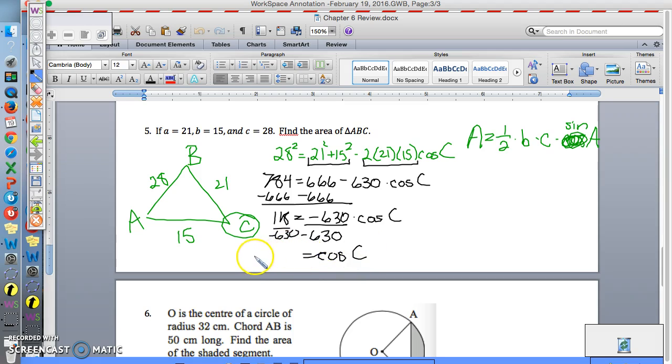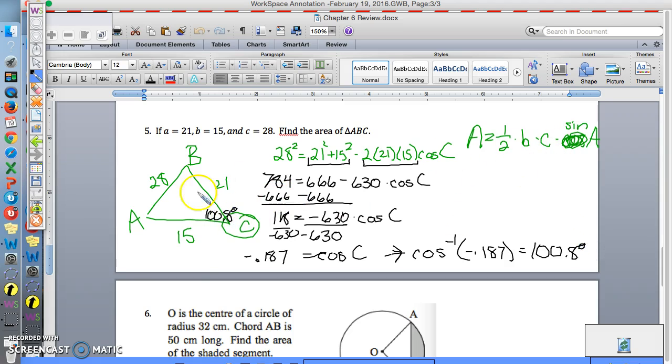What did we end up with? Negative 0.187. And then we do the inverse. So here next, negative 0.187, and we end up with 100.8 degrees.